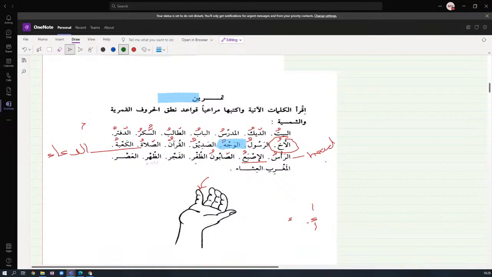And then we have al-dhufru. Al-dhufru is your fingernail, and it's a sun letter here. And then we have al-fajru, a moon letter.